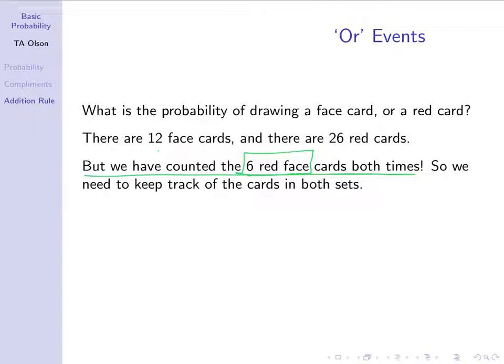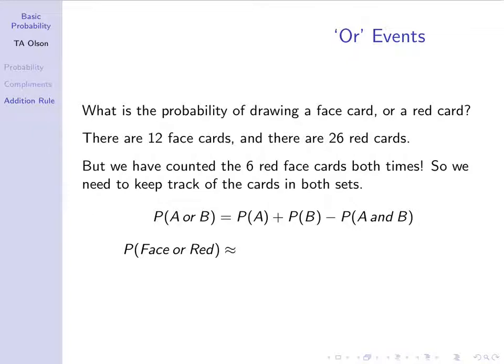Our 6 red face cards are in here and they're in here. So we've counted them twice. So here's what we do. The probability that either event A or event B happens is the probability that event A happens plus the probability that event B happens. And then anything that is in both A and B has been counted twice. So we need to remove one of the countings.